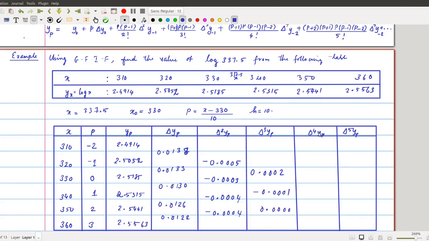And we have the fourth order difference. The fourth order difference is this minus this, so this minus of minus this one, that will be 0.0003 minus, sorry, this is 0.002. The difference of this value is this minus this one.